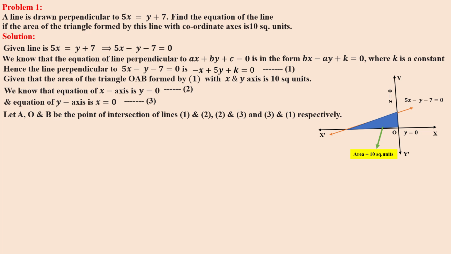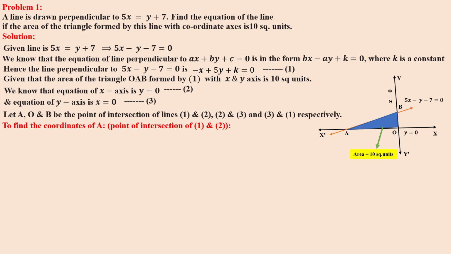So the x-axis and the given line is A. Then the y-axis and the given line is B. Then the point of intersection of the coordinate axes is O, the origin, which we know is (0, 0).